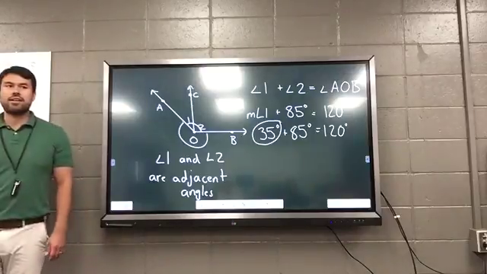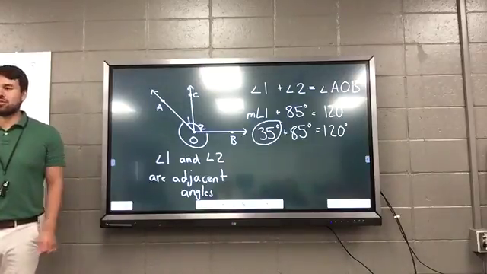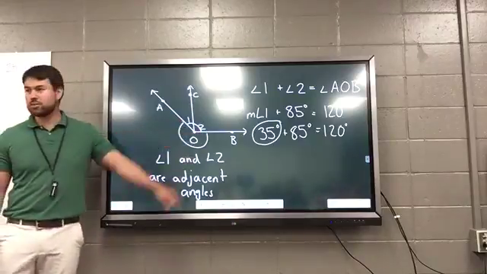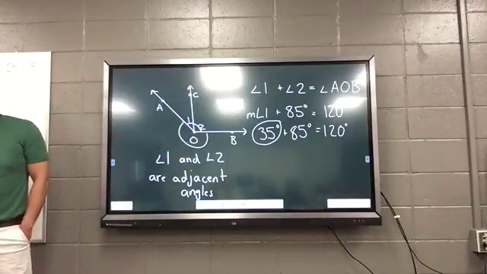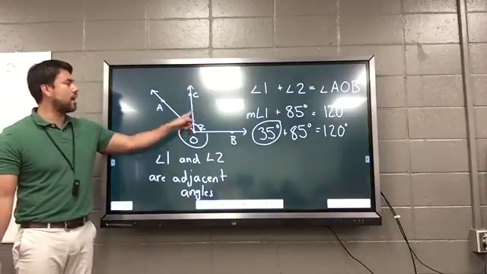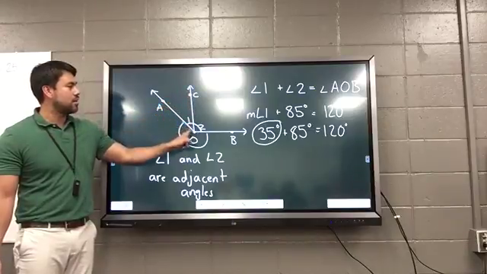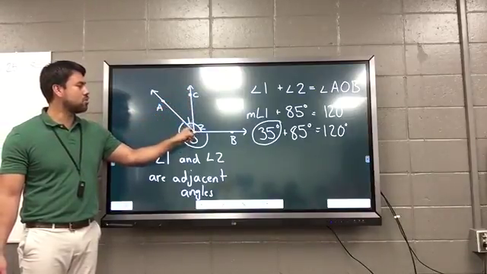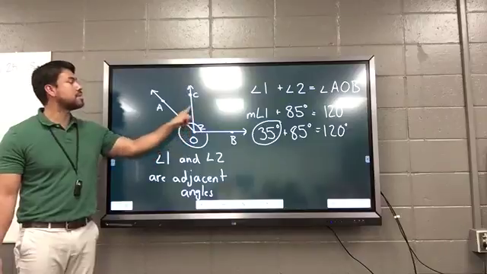Adjacent means next to. Are angles 1 and 2 next to each other? You know why they're next to each other? Because they share a common ray, or a common side.